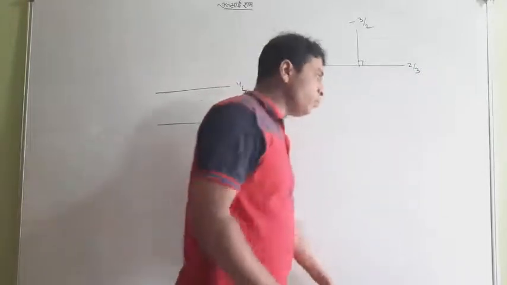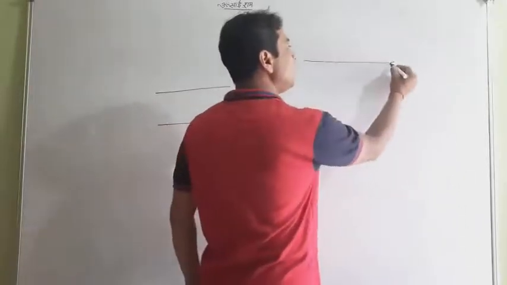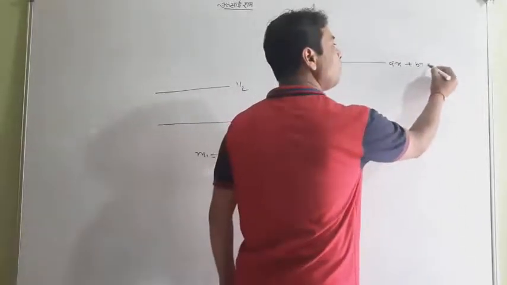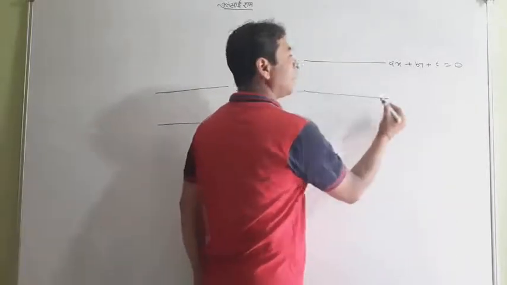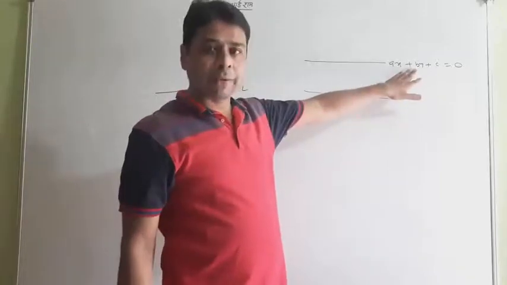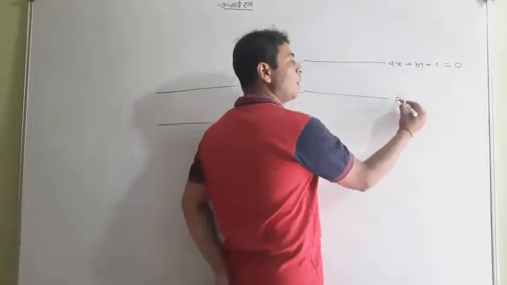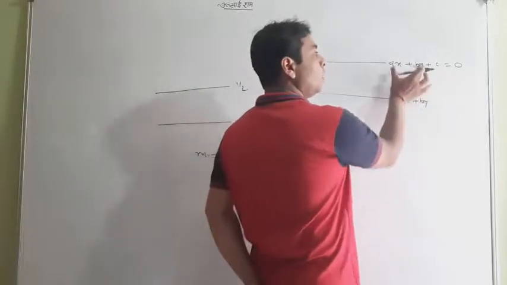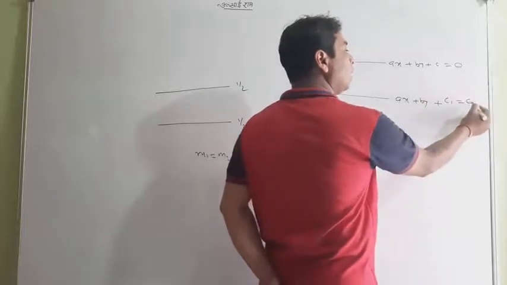One more thing which is very important here. Suppose a line is ax plus by plus c equals 0 and you want to find its parallel line. If one line is given, how can you find the parallel line? It's very simple. These two portions will be the same, and instead of c you can write another constant.